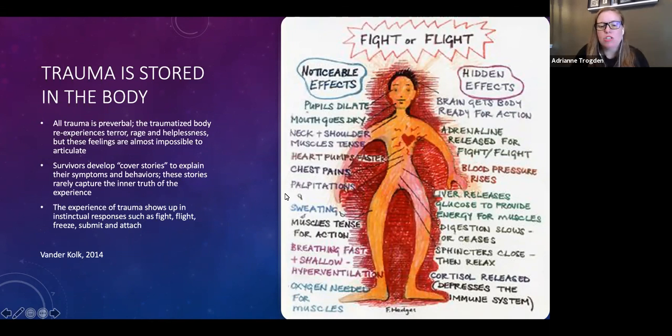Any of those things could show up, and that could really be a trauma response rather than just, oh, that's just my anxiety, or, oh, you scared me, something like that.